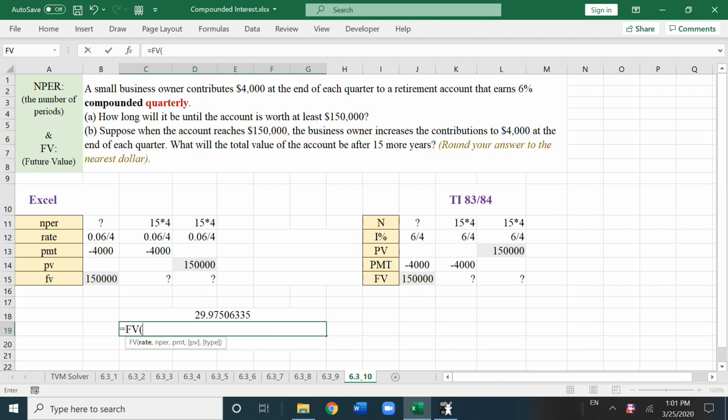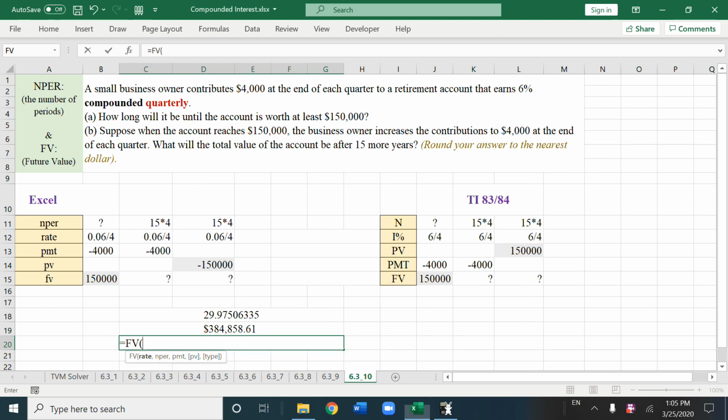The first FV: the rate is 0.06 divided by 4. The second one, NPER, is 15 times 4, so 15 years has a total of 60. The payment is negative 4,000. And because it is the end of each quarter, we directly hit enter. So the next one, put the negative here. The FV here, rate is 0.06 divided by 4.